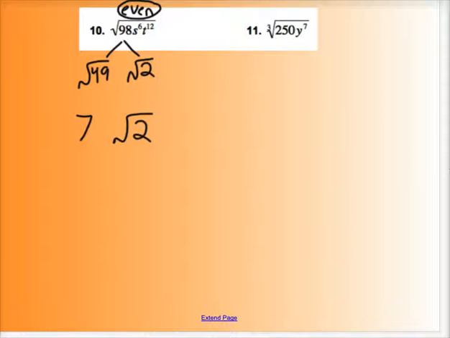Well, now remember, a square root is basically having a 2 out there. So 2 goes into 6 3 times, so you can pull out an s to the 3. 2 goes into 12 6 times, so you can pull that out as a t to the 6. Keeping in mind, because it's even, we have to put our absolute value signs on it.